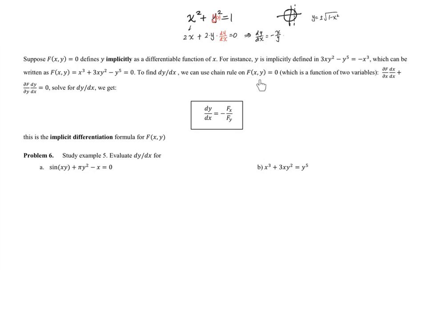So usually when I have that, I can draw a diagram. F depends on x and F depends on y. Now here's the trick: you think of x depends on x and y depends on x. That's the trick right here.